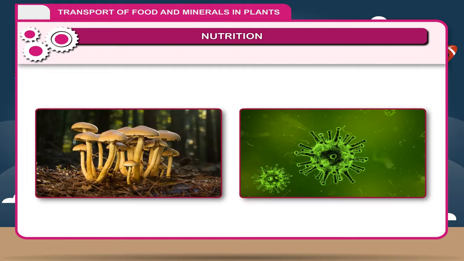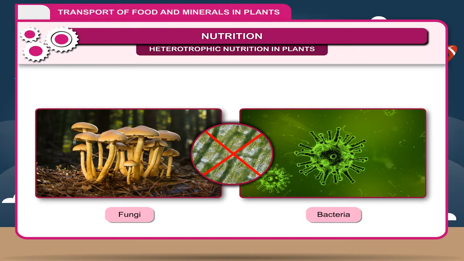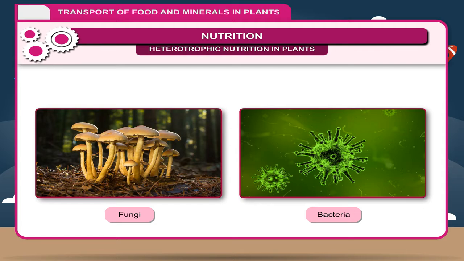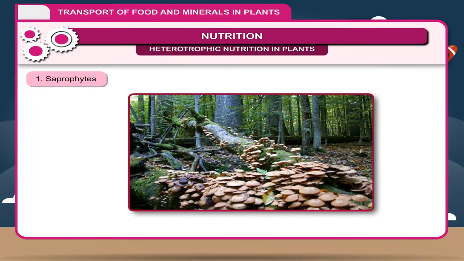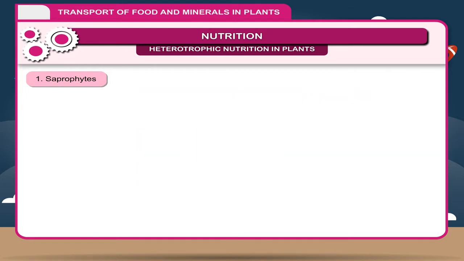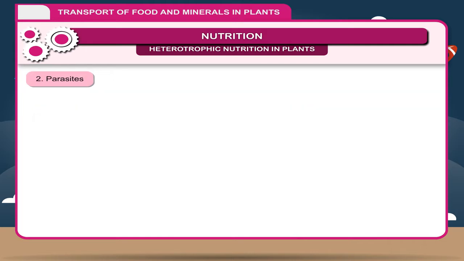Heterotrophic nutrition in plants. There are plants like fungi and bacteria which do not possess chlorophyll and therefore cannot prepare their own food. Heterotrophic nutrition in plants can be of the following types. 1. Saprophytes. The plants which depend upon dead, decayed, and rotten materials for their nutrition. Example: some bacteria and fungi, mushroom. 2.